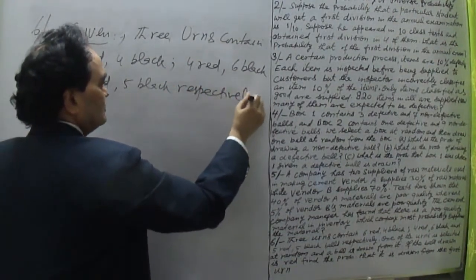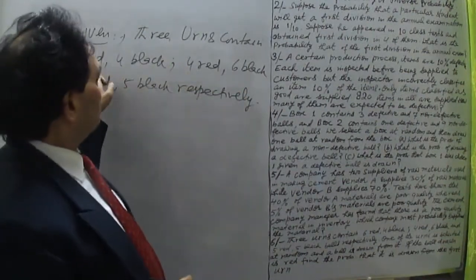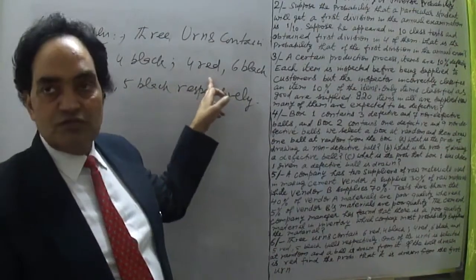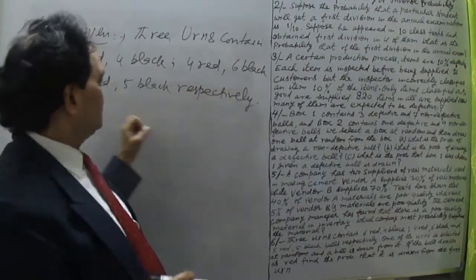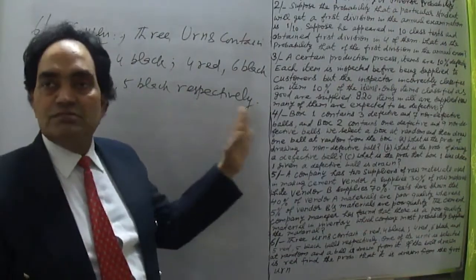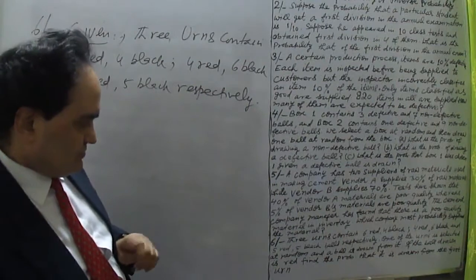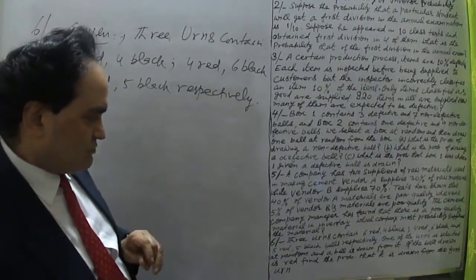There are 3 urns containing the balls. First contains 6 red, 4 black. Second contains 4 red, 6 black, and the third one contains 5 red and 5 black balls.